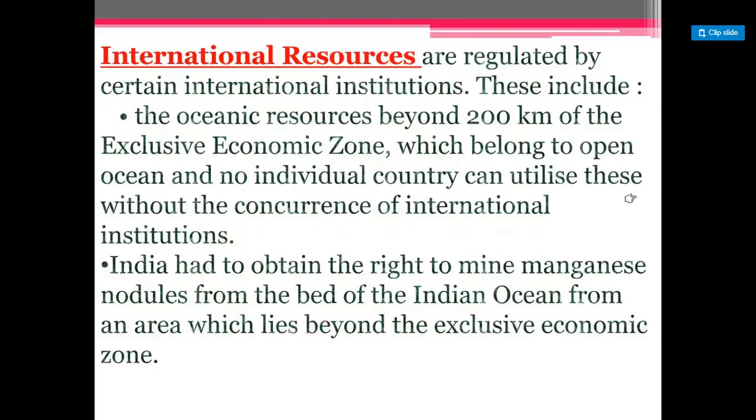Next is international resources. As it says by name, international, they are regulated by certain international institutions. Can anyone tell me about some international institutions? Yes, ma'am. Oceans. No, I'm asking about the name of the international institutions.